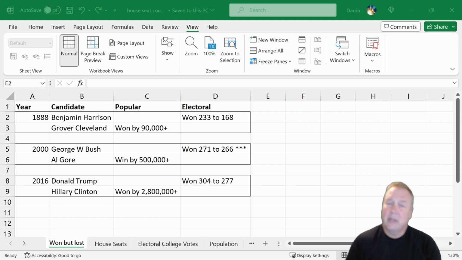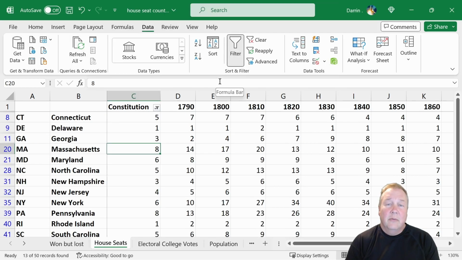So let's look a little bit more into what the Electoral College actually is. When the Constitution was first set up, there were big states and there were small states. And the small states were scared. They were afraid that the big states would overpower them, would take over, and just completely ignore all the needs of the small states.